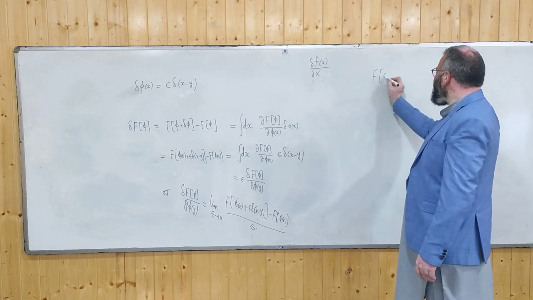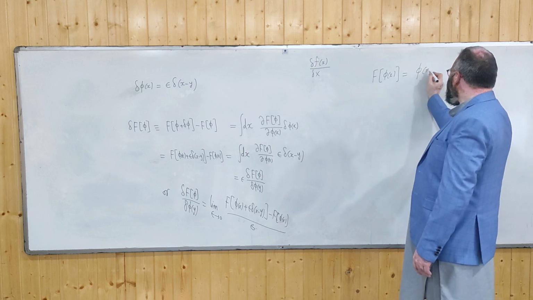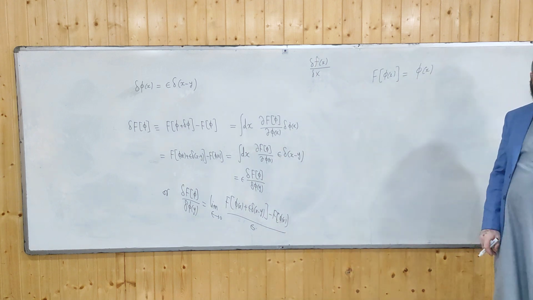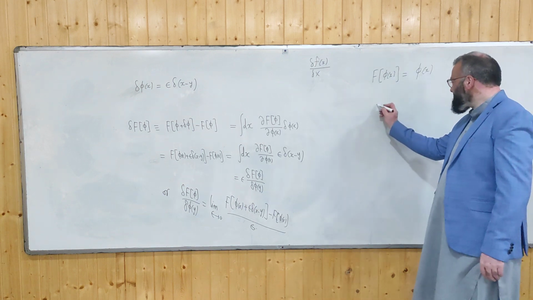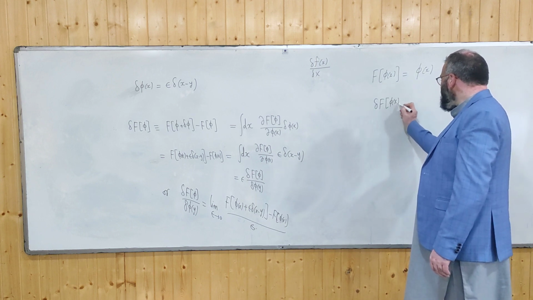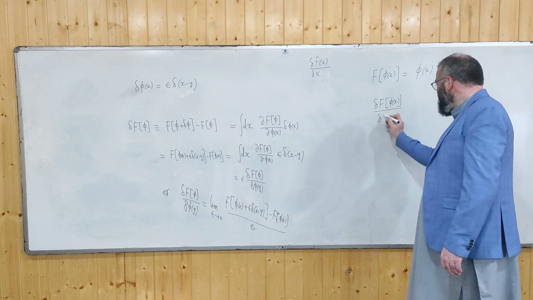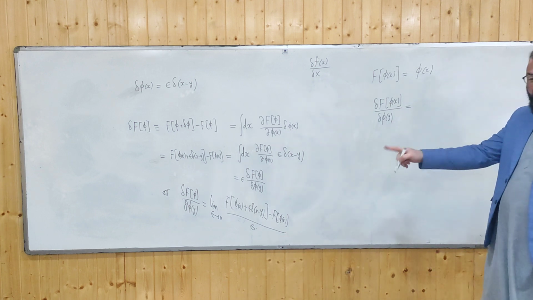Let's take the first case. Let's write this as simply phi of x. A simple function, so our function is phi of x. Now let's write the derivative, delta phi of x by delta phi of y. What is that equal to? Let's use this very rule.